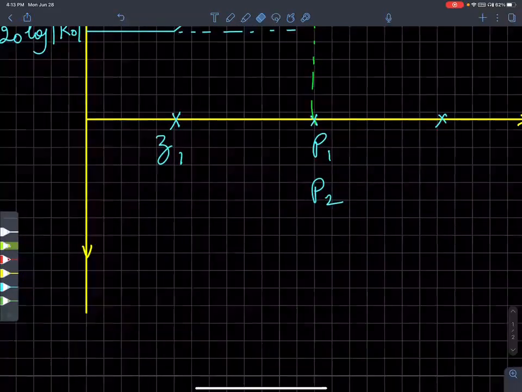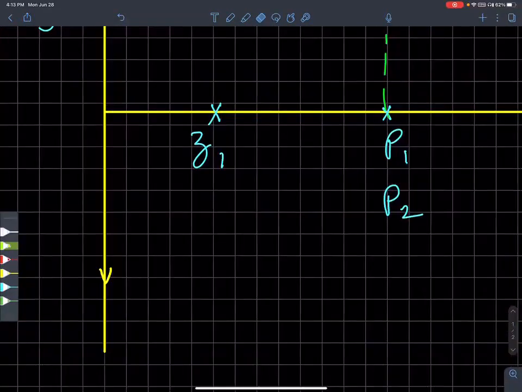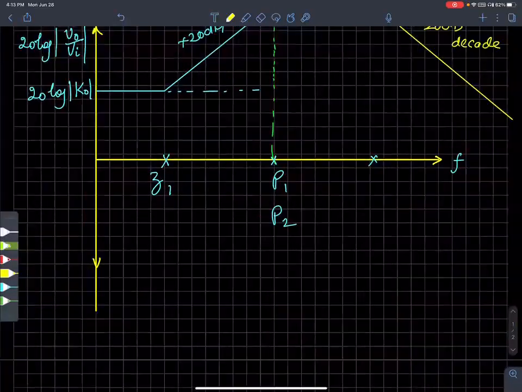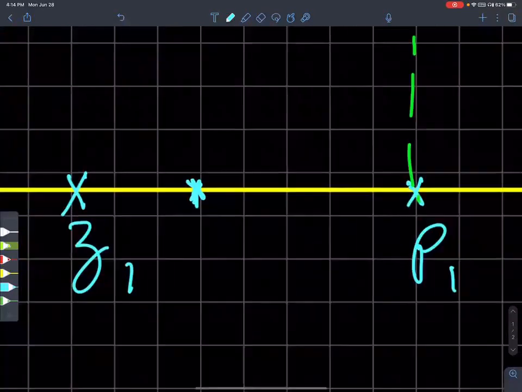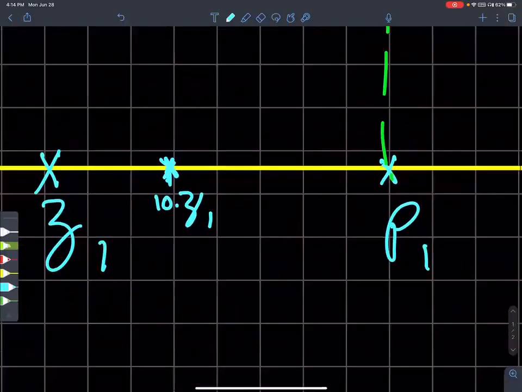When it comes to the phase response, there's a reason why I separated these, pole 1 and pole 2, with enough gap here. Let's say this is a log scale. So let's call this Z1 by 10, a tenth of the zero, and this frequency 10 times the zero.